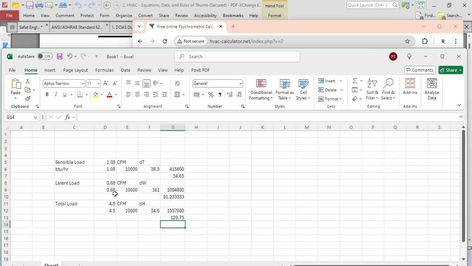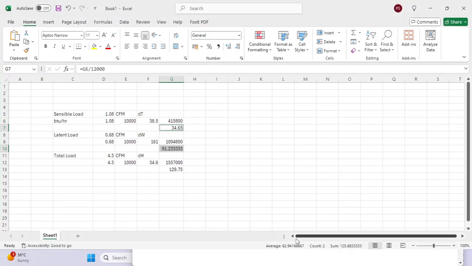Maybe because of some small change in temperature, this is the difference. Now if I calculate these two, am I getting 125?